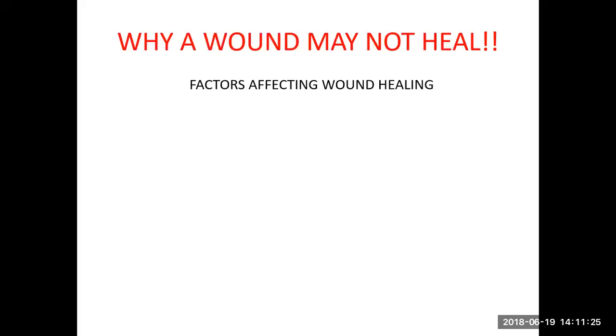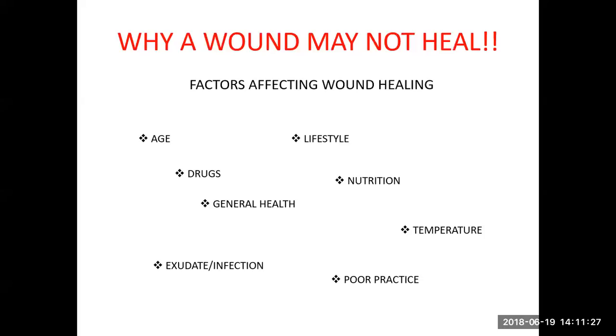Okay, hopefully you've come up with some suggestions, and these might be some things that you've come up with. We look at age. Remember that I said earlier the dermis is thinner, and the metabolic process and circulation also slow down. There could be poor nutrition, a lack of protein, and poor hydration results in poor healing. Could be poor general health, things like diabetes, anemia, obesity, heart disease, rheumatoid arthritis, these can all affect wound healing.